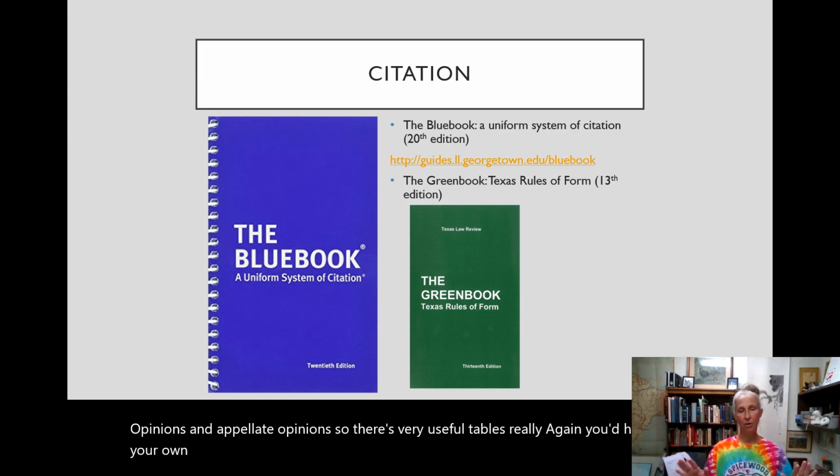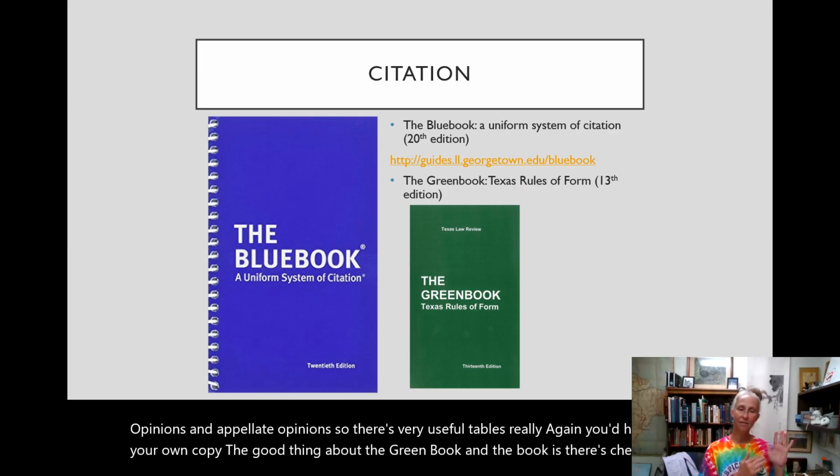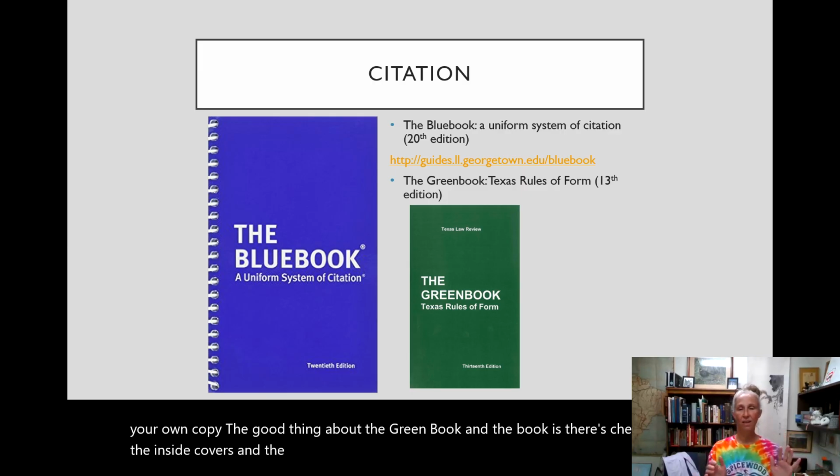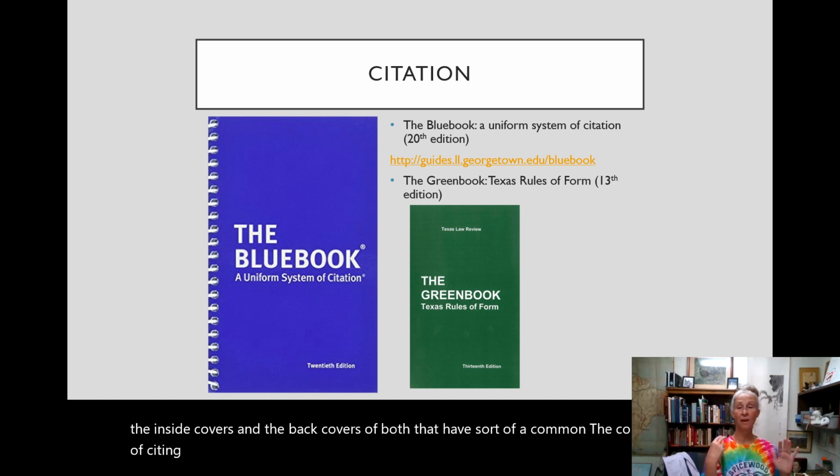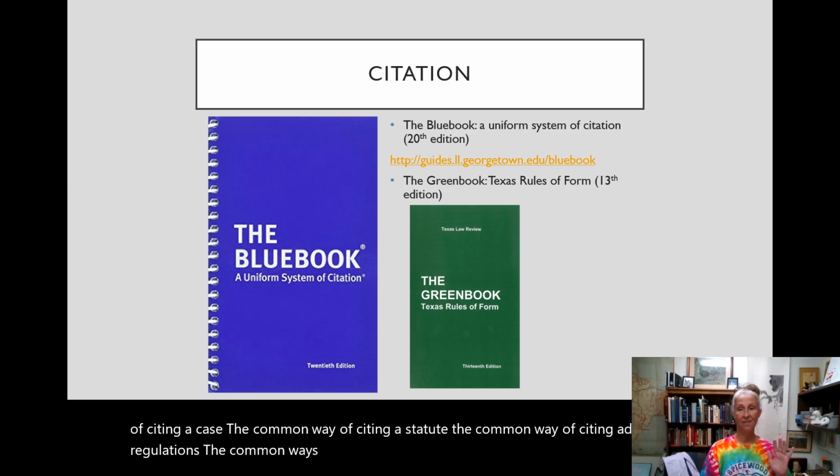The good thing about the Green Book and the Blue Book is there are cheat sheets in the inside covers and the back covers of both that have the common way of citing a case, the common way of citing a statute, the common way of citing administrative regulations. So they put all of the common things.